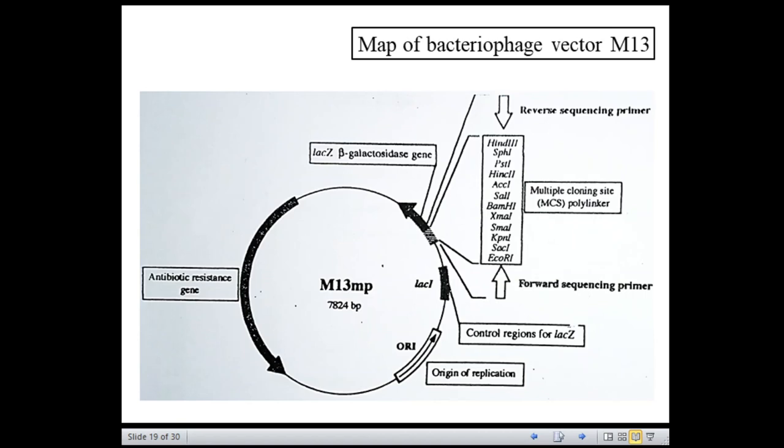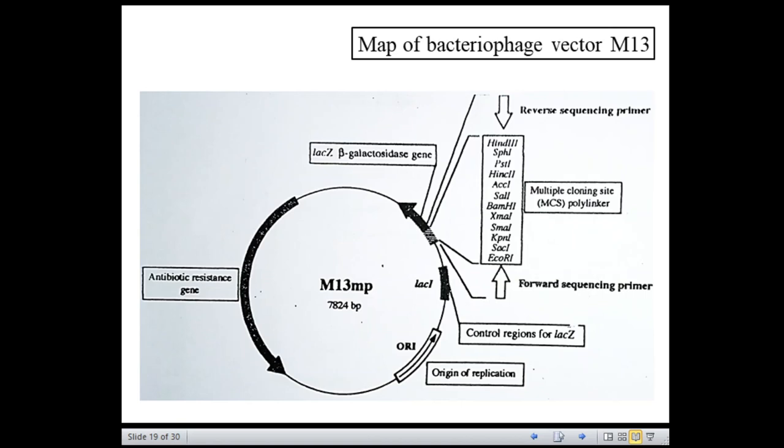All of these contain a synthetic MCS, multiple cloning site, which is located in the lacZ gene. You can carefully go through the figure and understand where exactly the MCS polylinker is present. The MCS is located in the lacZ gene without disruption of the reading frame of the gene.